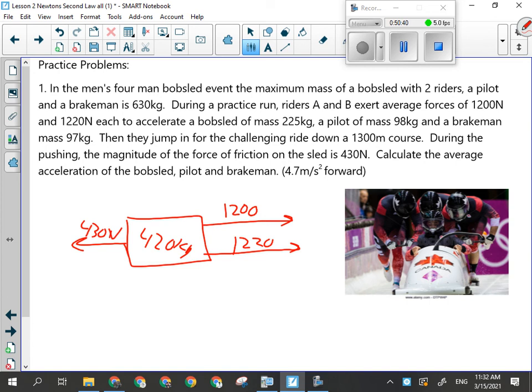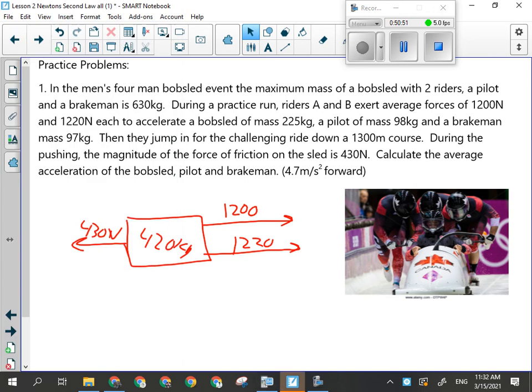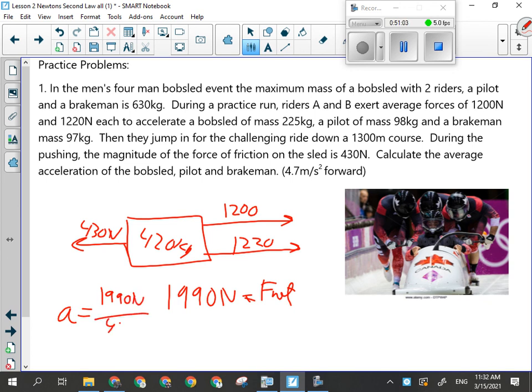Okay, we calculate our net force, adding those things together. Okay, so 1,200 plus 1,220 minus 430. Our net force is 1,990 newtons. Okay, equals F net, and then I can calculate the acceleration by taking the 1,990 newtons and dividing it by the 420 kilograms, and that will give me my 4.7 meters per second squared forward.